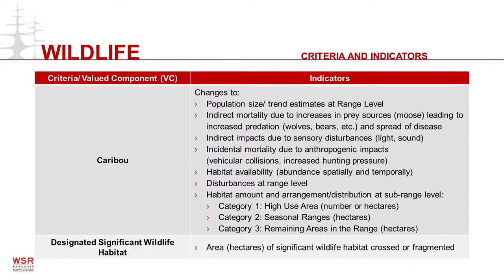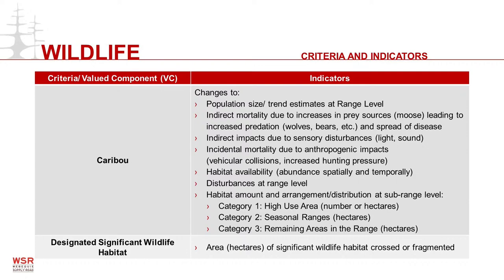So with caribou, you have category one, which is a high use area, and you could measure the total area of high use areas. And then you have category two and category three areas. Category two is seasonal ranges, and then category three is the other areas left over. So again, these are more examples of indicators for caribou as the valued component or criteria as well.